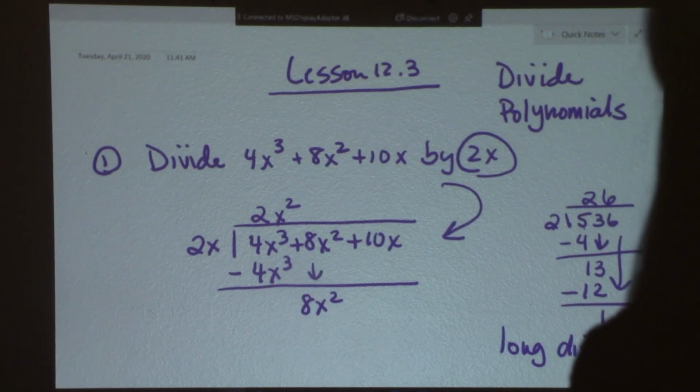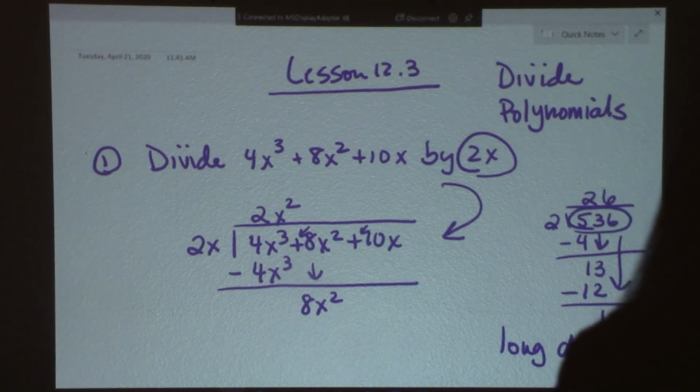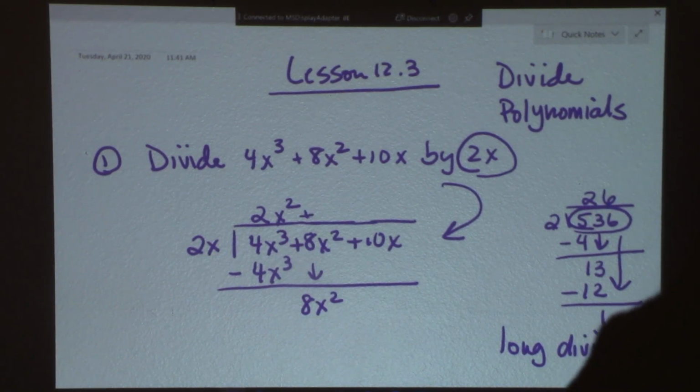Now this is where there's a little bit of a difference. Do you see here I have a plus and I have a plus? I don't have any of that in my regular numbers like 536. So I have to show that up on top. So because I have a plus here, I'm going to put a plus up on top.